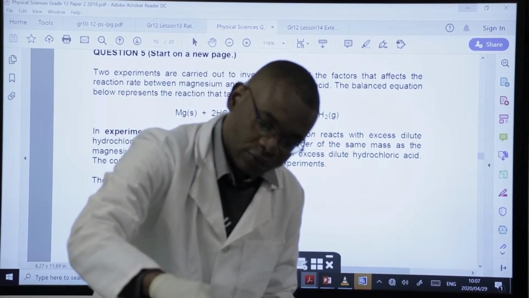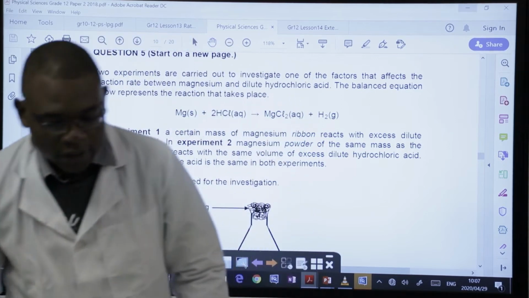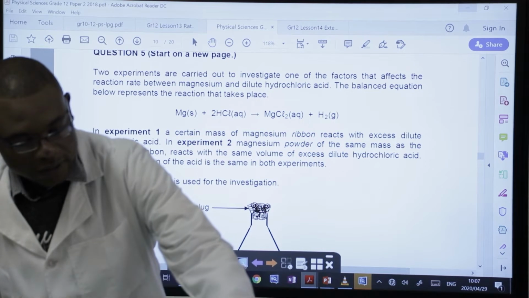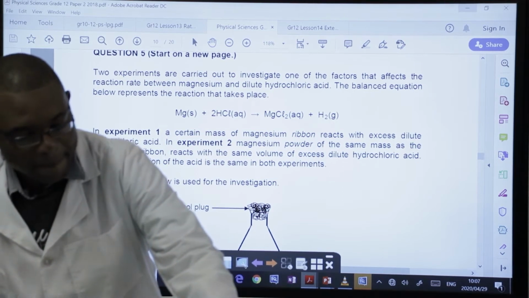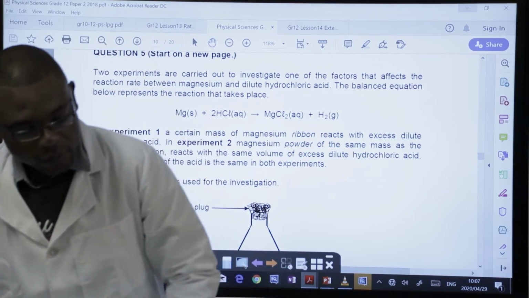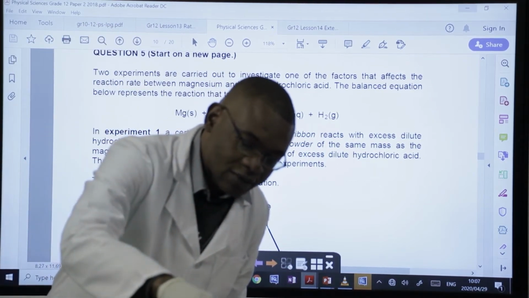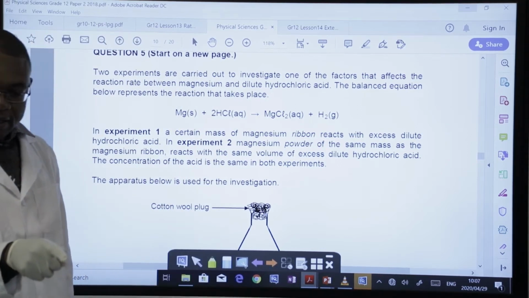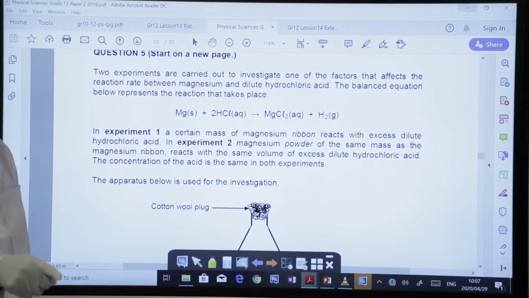So there we are. If you take a closer look at the ribbon, you can actually see some bubbles coming off where the ribbon is sitting. You can actually see what's happening there. So the ribbon is reacting. It's actually dissolving in there.